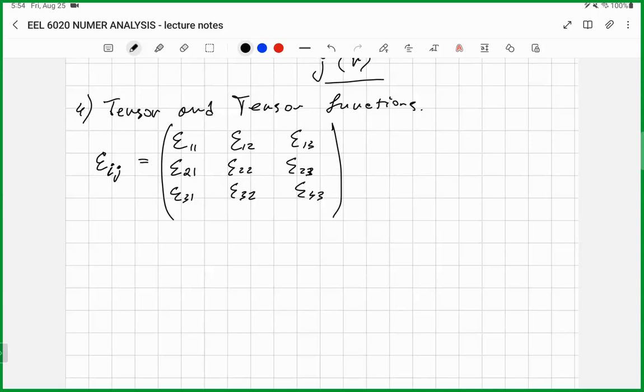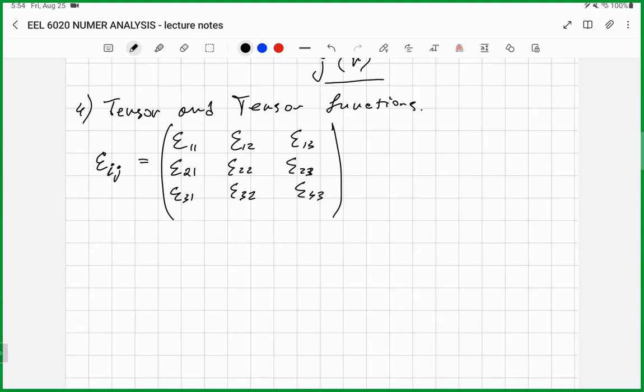So this is a matrix, and not any matrix is a tensor, but any tensor can be represented in the form of a matrix. And if this is a tensor, its components must transform in a certain way to be a tensor.